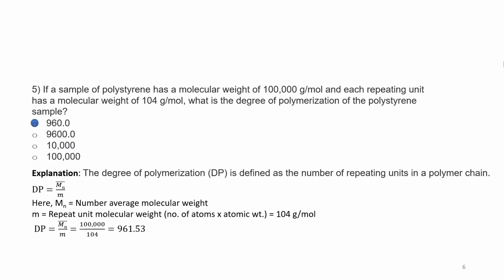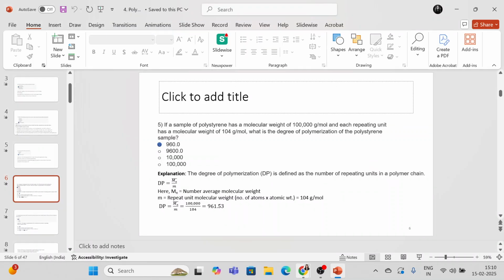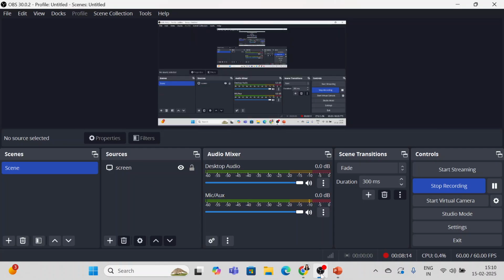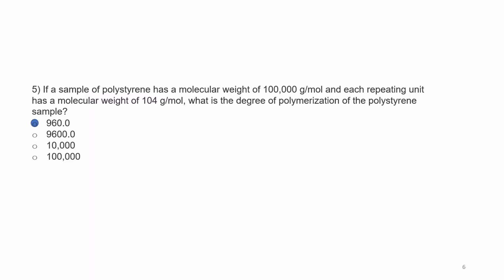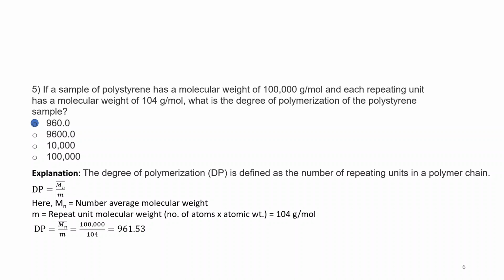For this you need to remember the formula for degree of polymerization. It is defined as the number of repeating units in a polymer chain. So DP can be given as Mn bar divided by m, where Mn bar is the number average molecular weight, and small m is the repeat unit molecular weight, which is the number of atoms times the atomic weight.